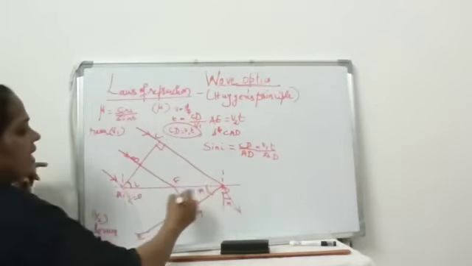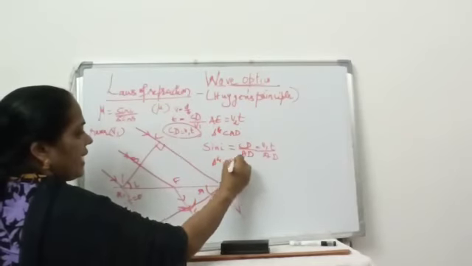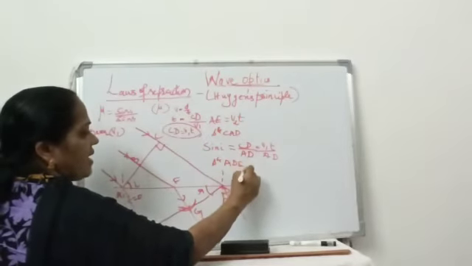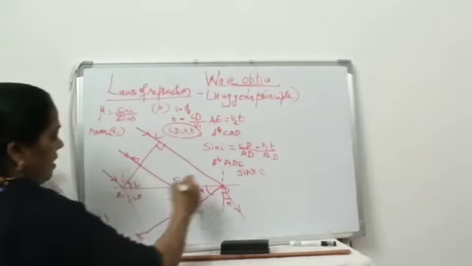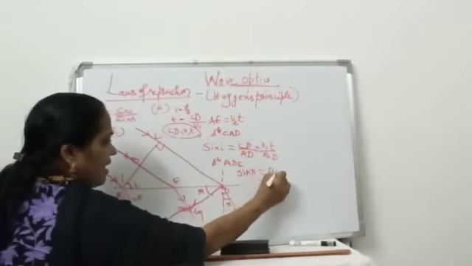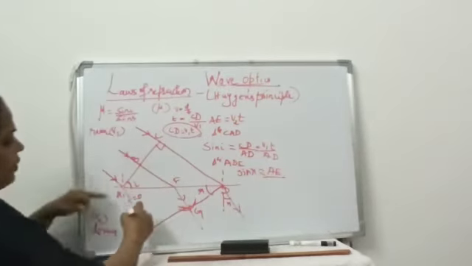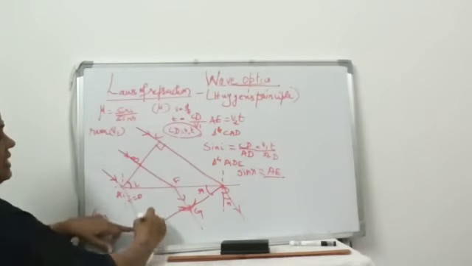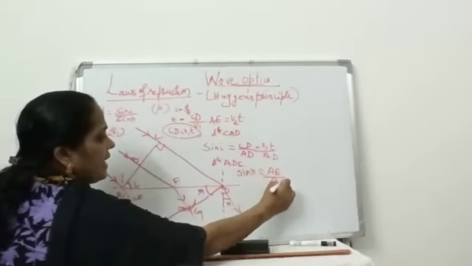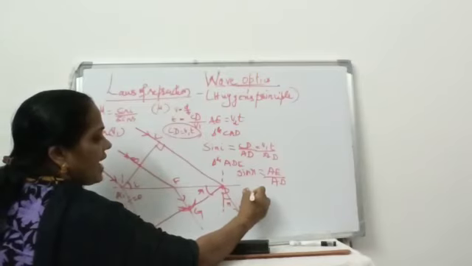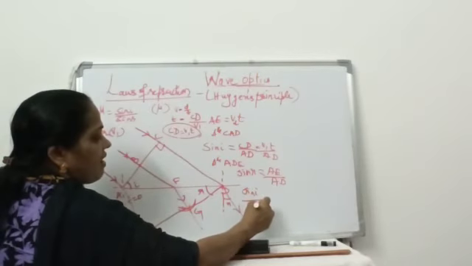Similarly, from triangle ADE, what is sin r equal to? Sin r: the opposite side is AE. What is the hypotenuse? This is 90, isn't it? So the hypotenuse must be AD. So what is sin i by sin r?